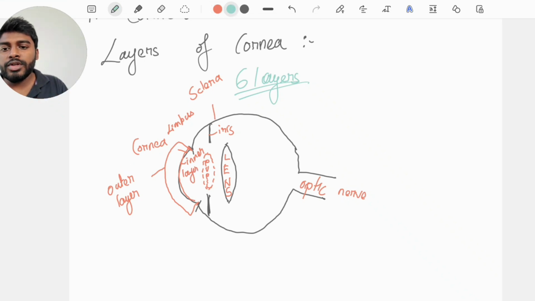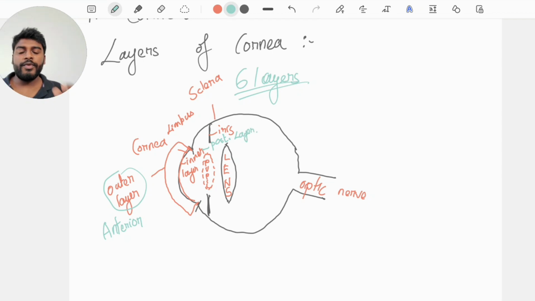The outermost layer is also called the anterior layer, and the inner is called the posterior layer. Whenever we study, we will study from the anterior to the posterior layer. Layers 1 and 2 are the anterior layers, and if we go deeper, layers 5 and 6 are the posterior layers, for better reference.